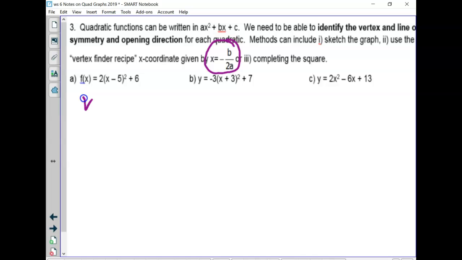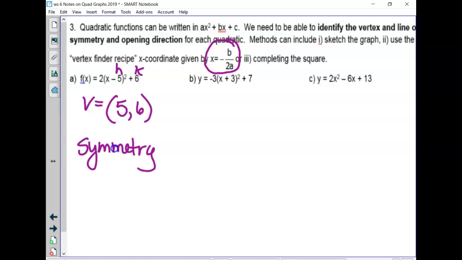Can we identify the vertex right away on this one? H, K, so we'd have positive 5, 6. What else? Symmetry. Guys, the line of symmetry is this.